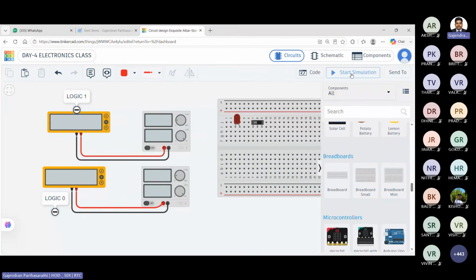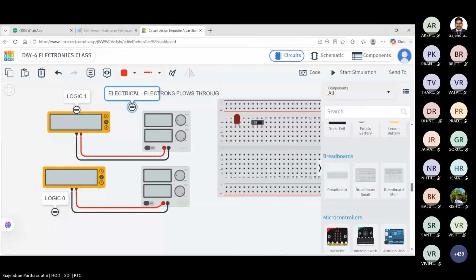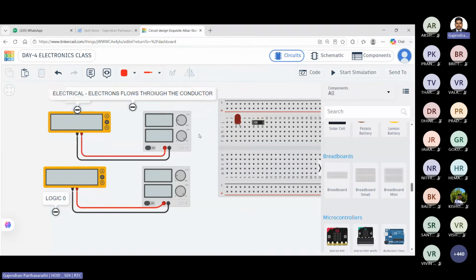Now I am giving the correct definition. Electrical means electrons flow through the conductor. That's all. Very simple definition.